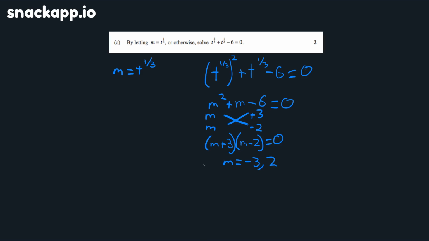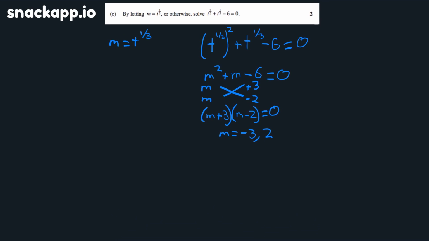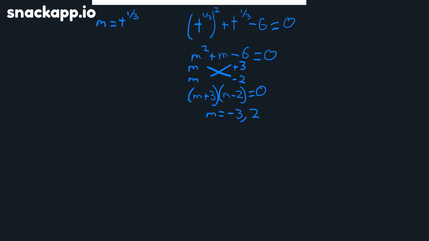Now, before you forget, what we're actually trying to solve for is t. Now, m is t to the 1/3, so we're going to have to resubstitute that in. So we're going to say t to the 1/3 is equal to -3. That's this part here. So we'll solve that first.